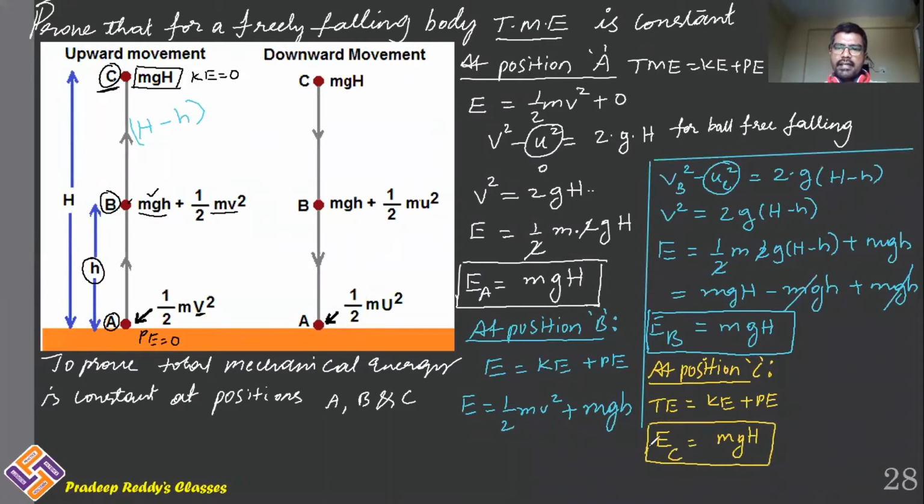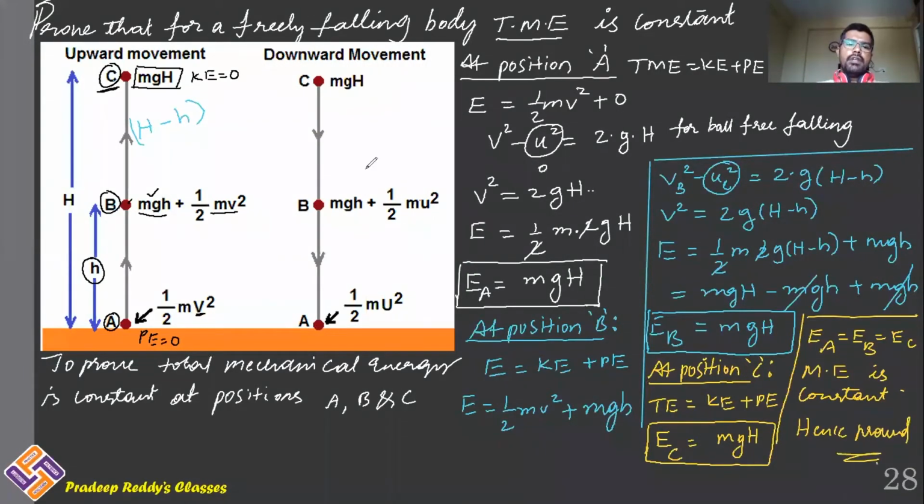So from this clearly we have got energy at A is equal to energy at B is equal to energy at C. That is, mechanical energy is constant. Total mechanical energy of the body is constant at any position. So hence proved. The law of conservation of energy is verified for a body falling down freely.